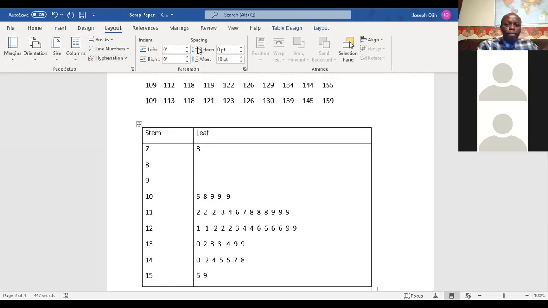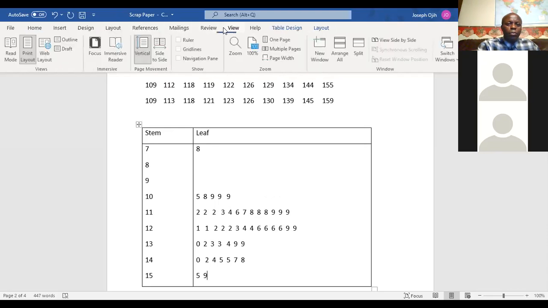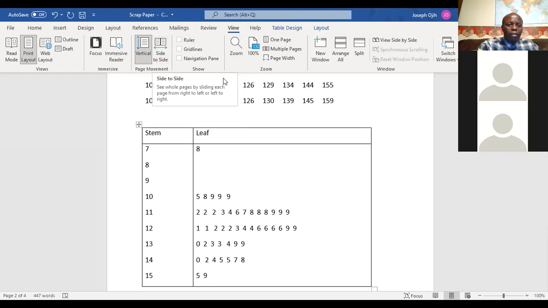Let's see. View. I'm looking for the place where I can rotate it.